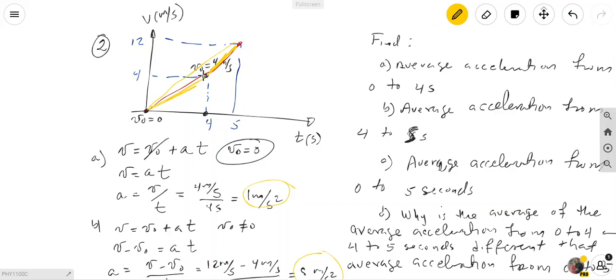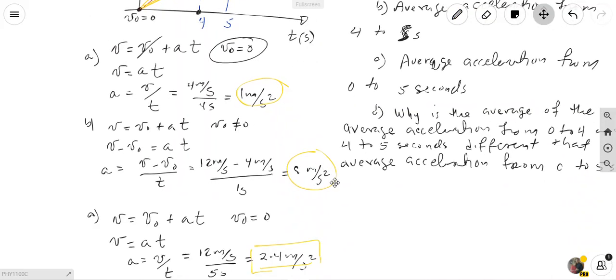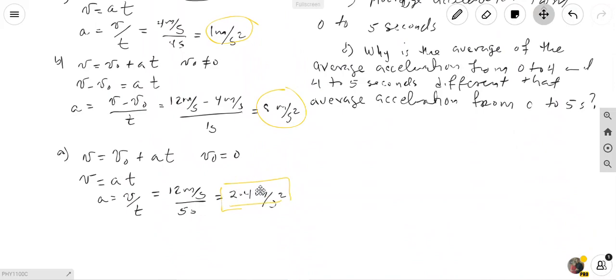It's going to be a slope that is greater than the slope from 0 to 4 and lower than the slope from 4 to 5. This is exactly what we obtain as a result in this case. We get 2.4, which is greater than 1 meter per second squared and lower than 8 meters per second squared.